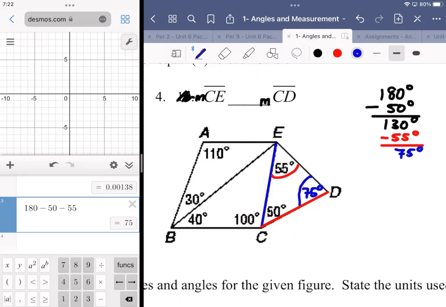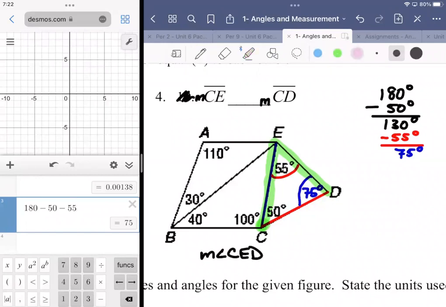Right? So we're naming our angles again, following the pathways that make up the angle itself. So if I'm starting here at C and I want to name the angle at E, I'd follow the path up and out, right? So that would be CED. So the measure of angle CED.